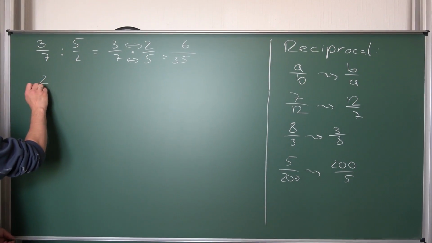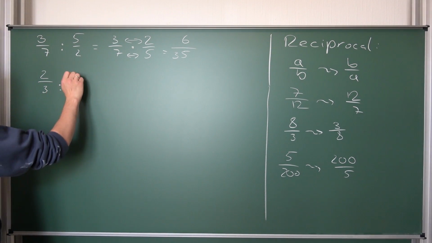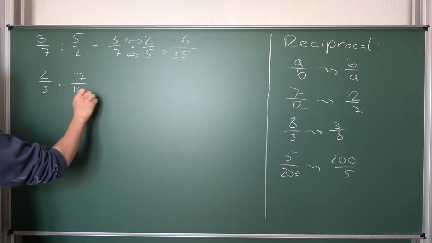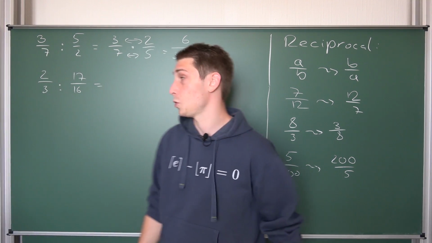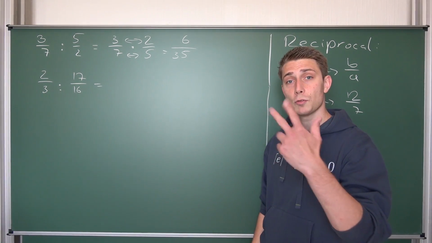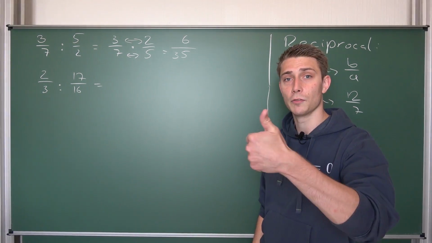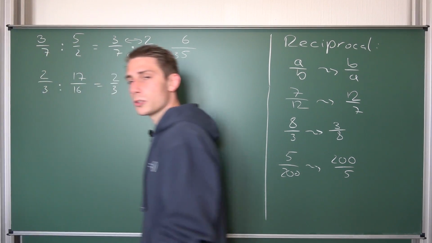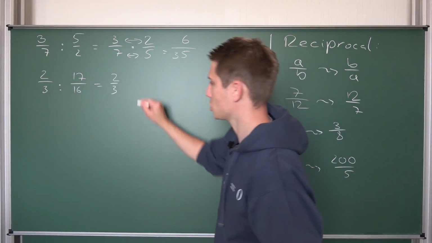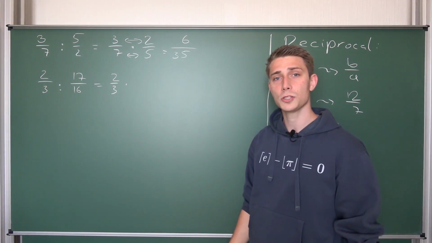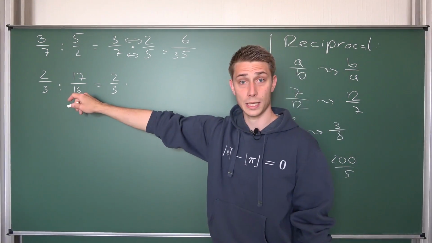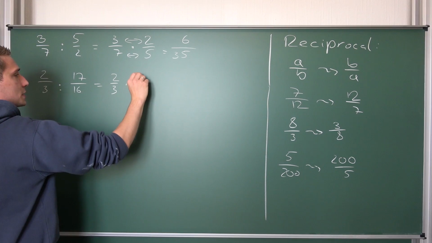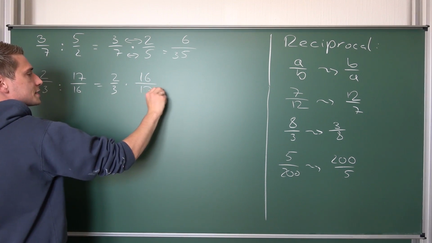Next up, 2/3 divided by 17/16. What is going to give us possibly? Okay, let's go through the 3 steps yet again. We are going to start off with leaving it how it is, this 2/3. We are going to turn division into multiplication. We are going to take the reciprocal of what we are dividing by, meaning 17/16 turns into 16/17.